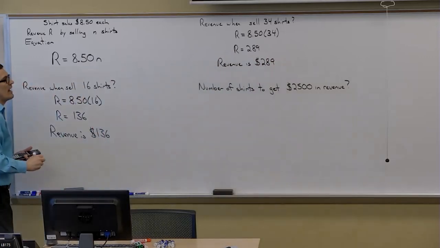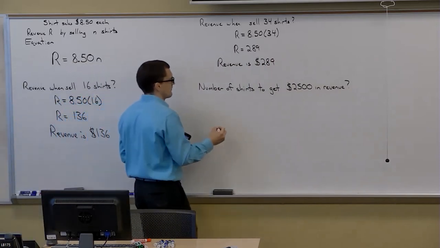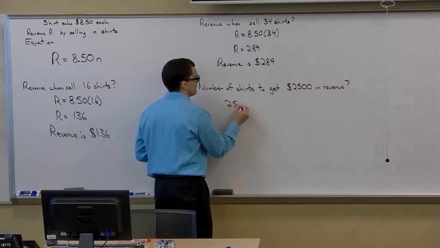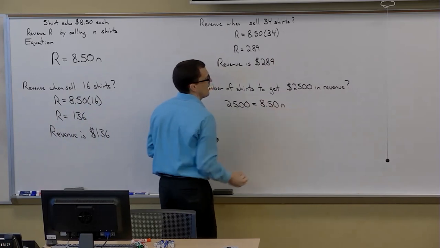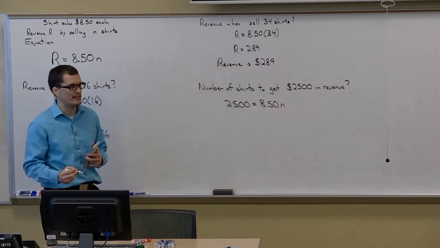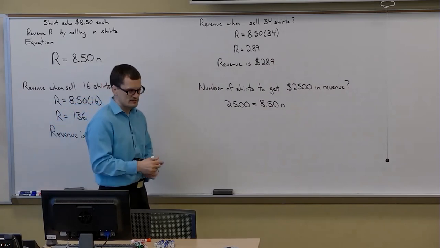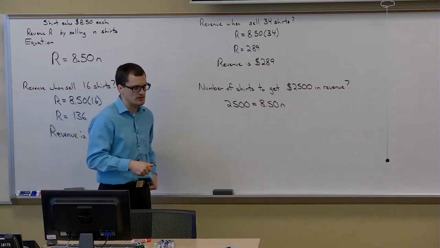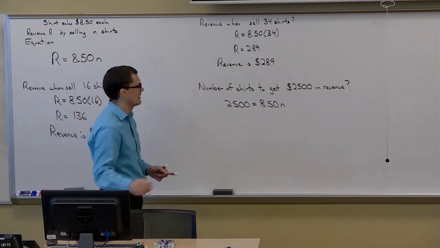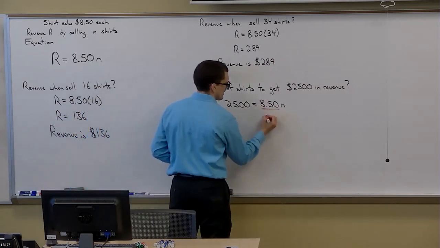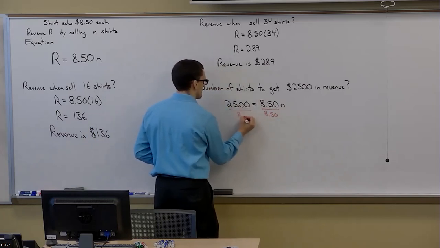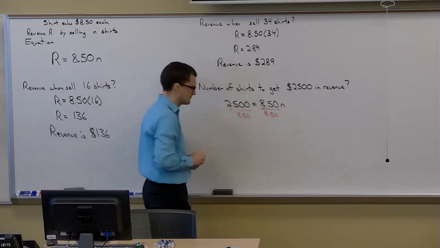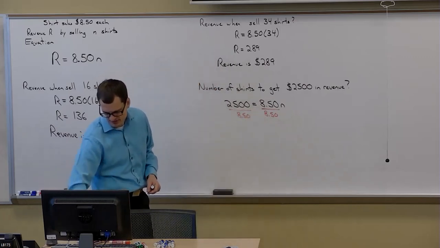And then how many shirts would you need to get 2,500 in revenue? Well, we write the 2,500 in the revenue spot and then solve that equation for N. In this case, just like in the last question, the one involving sales tax, we just have to divide by the coefficient of 850.